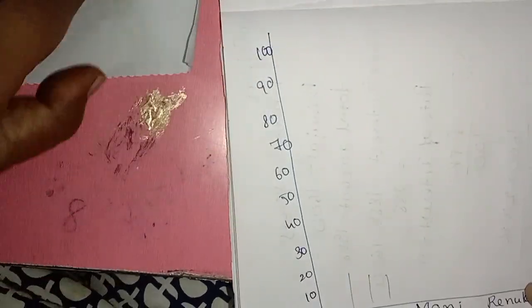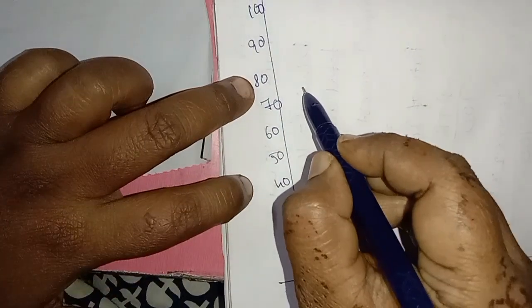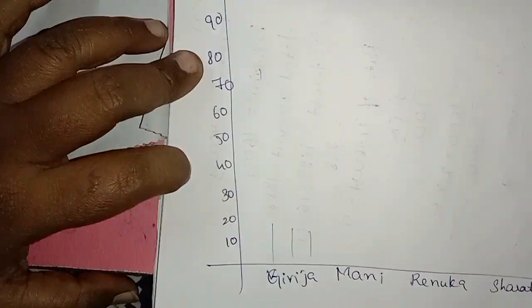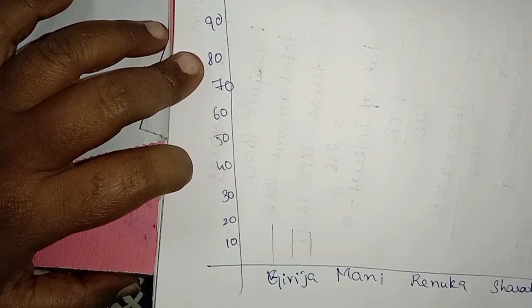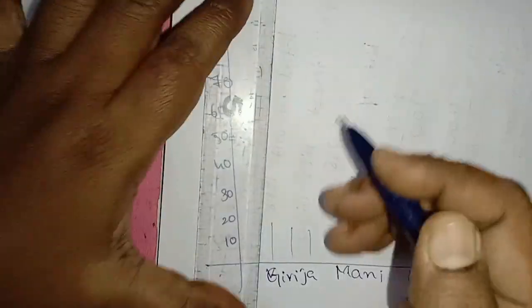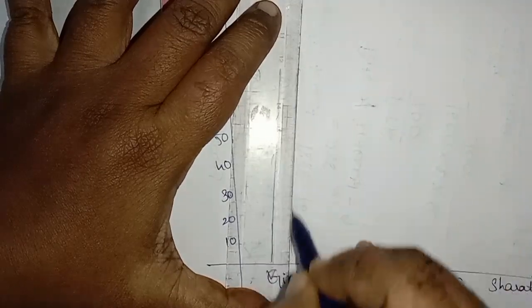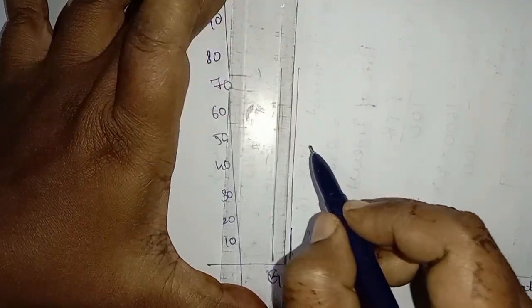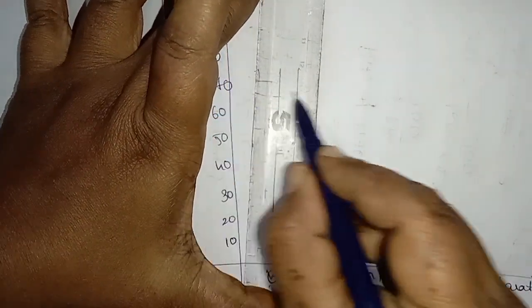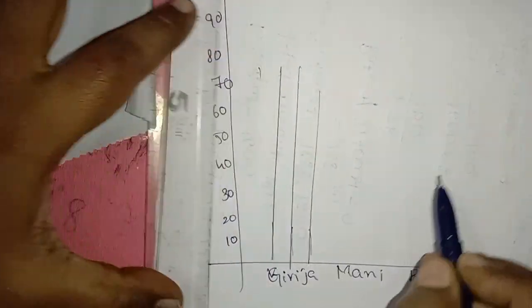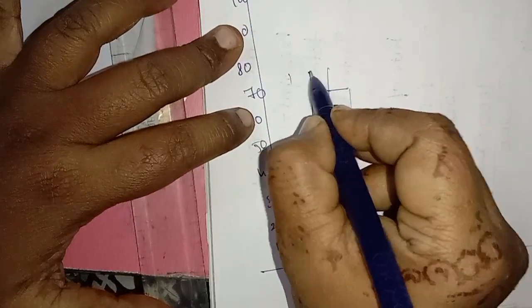So Girija, how much did she get? 75 and 70. So you go up to 75. I am not drawing everything here; if it is a graph, you will understand better. Maths 75, science 70.